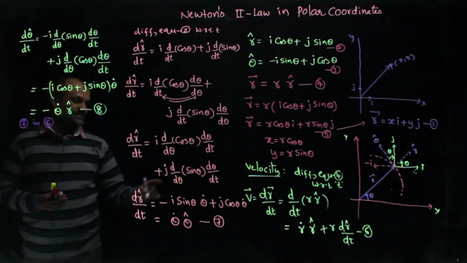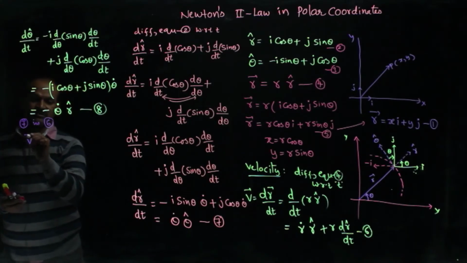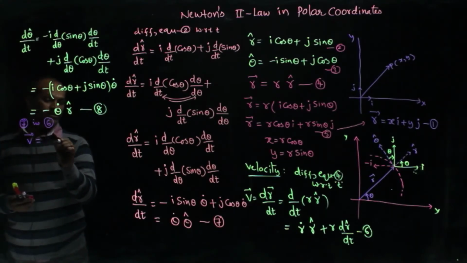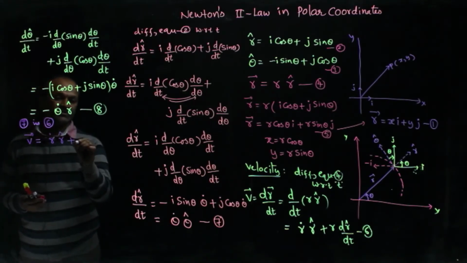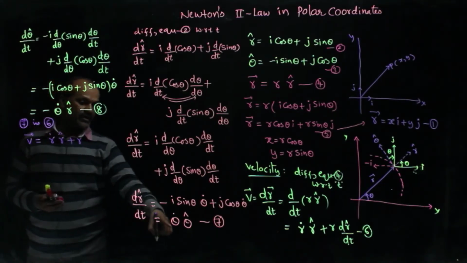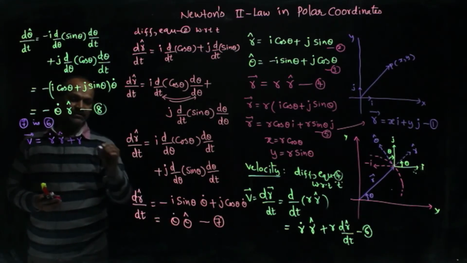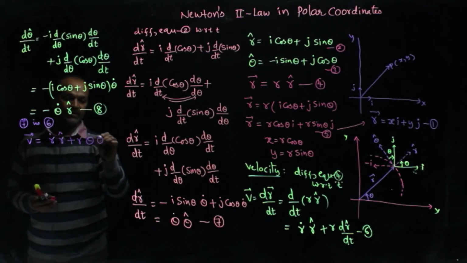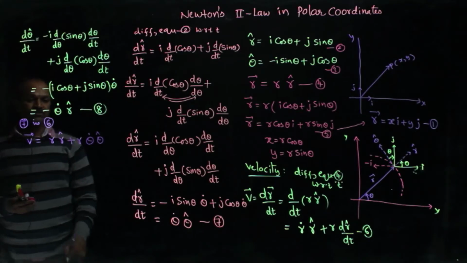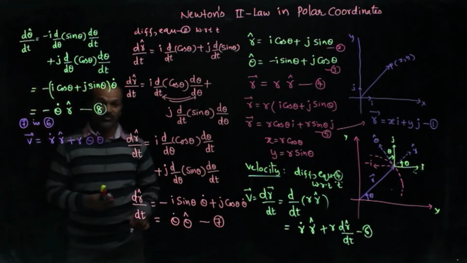So what is the sixth equation? V bar is equal to r dot r cap plus r into dr cap by dt, which from equation 7 is theta dot theta cap. So this is the velocity of the particle.